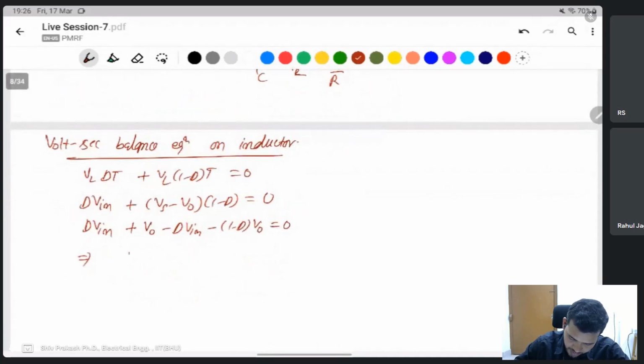From here you can find V output is V in, multiplied by Vs, Vs is the same as V in, Vs divided by 1 minus D.